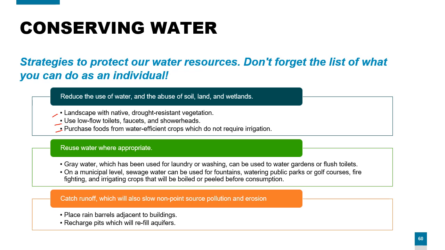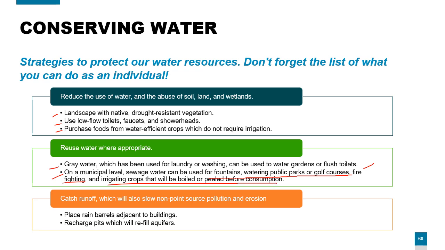Next, we can reuse gray water which has been used for laundry or washing can use for water gardens or flush toilets, di ba? On a municipal level, sewage water can be used for fountains, watering public parks or golf courses, and irrigating crops that will be boiled or peeled before consumption.